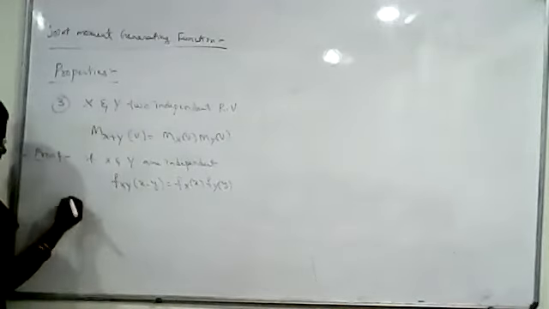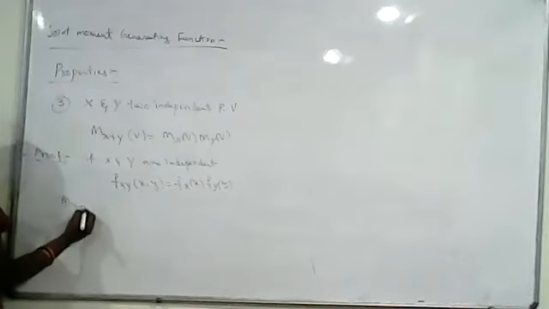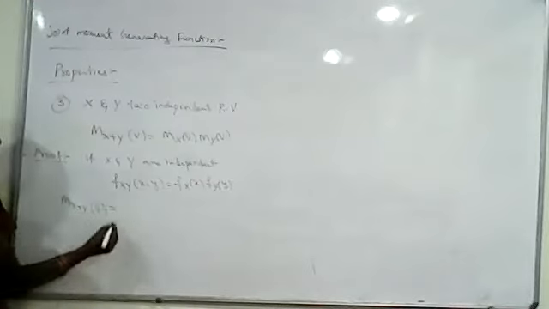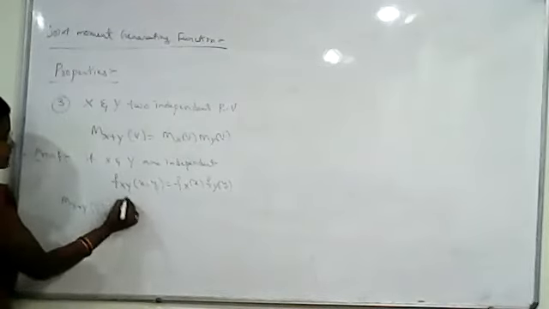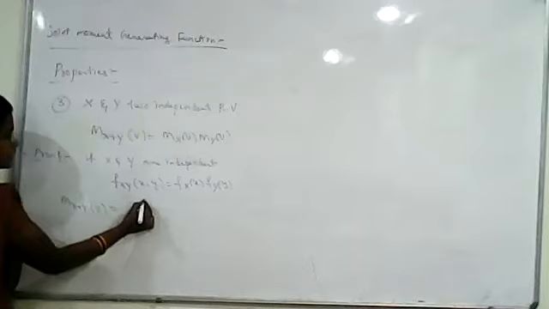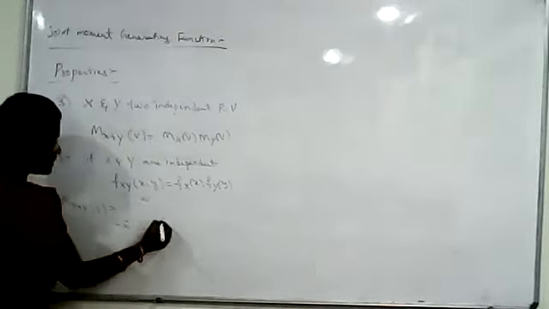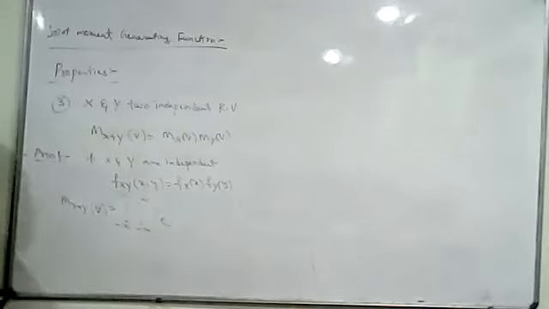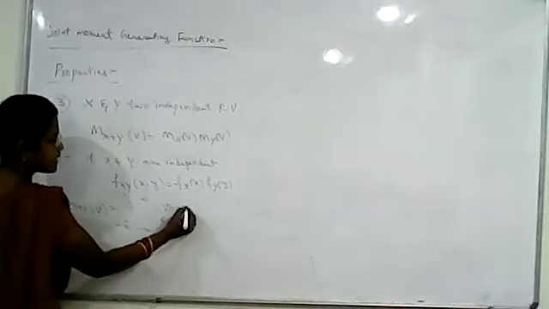So from that, Mx plus y of v can be written as follows. You have two random variables, so we have to take two integrals, integral minus infinity to plus infinity. Then e power, see here, both the random variables are functions of only one variable v. So what we have here is vx plus vy.